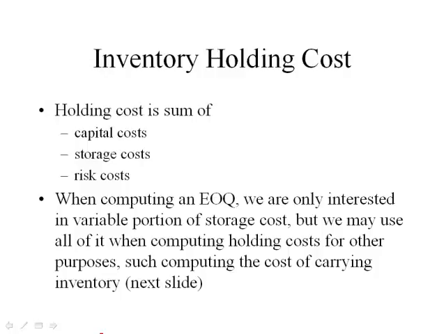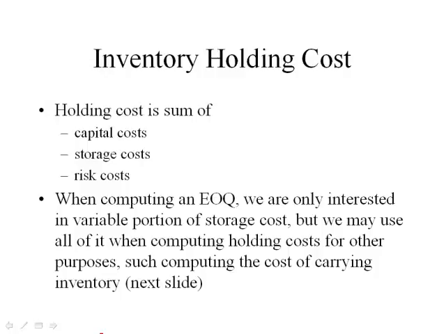There's also risk costs, and a lot of times when we talk about risk, we're talking about expected values, but here we're not exactly talking about that. Examples of risk costs would be things like theft, damage, obsolescence, that tend to happen to material when it's in inventory.